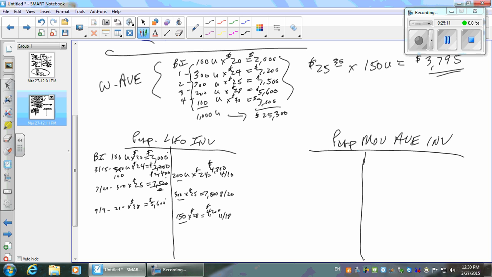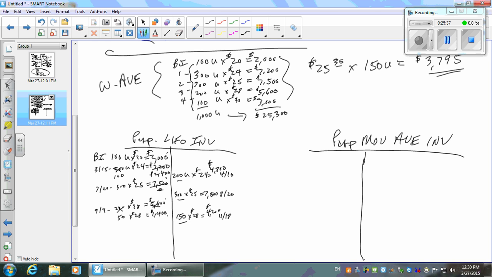So then when that one's gone, it becomes 1,400. Okay. So my layers are 2,000 from the beginning inventory, 2,400 from the March 15th, and 1,400 from the September 24th, right? Okay.